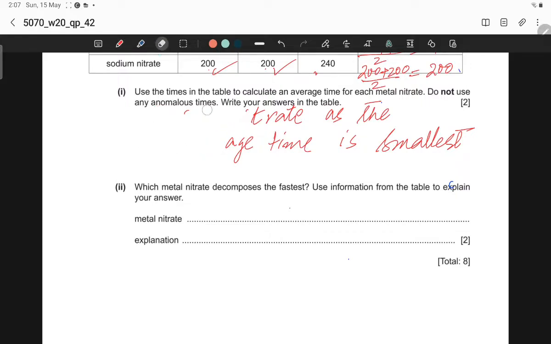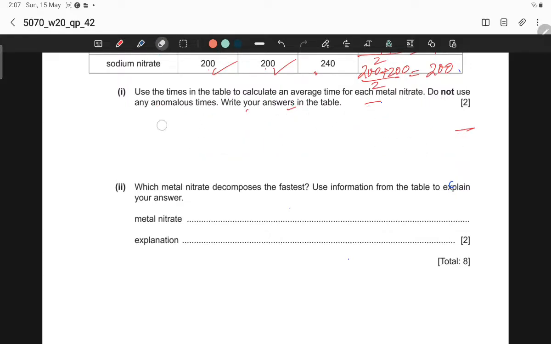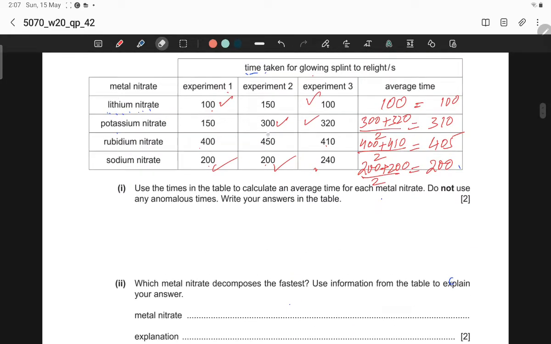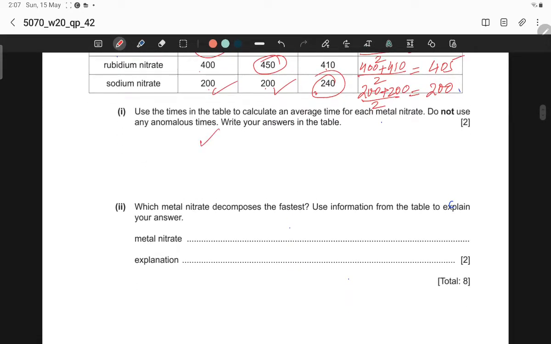We are not using these values because they are anomalous, so we take the averages as written in the table.